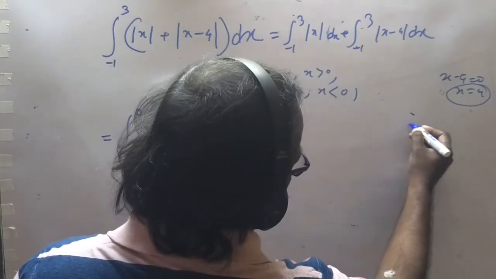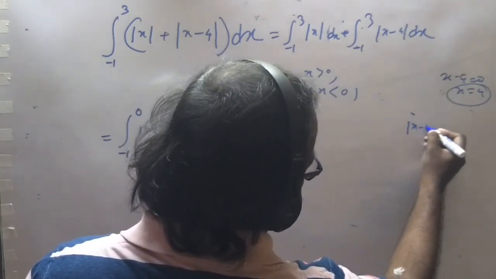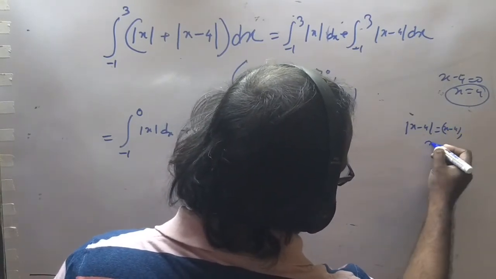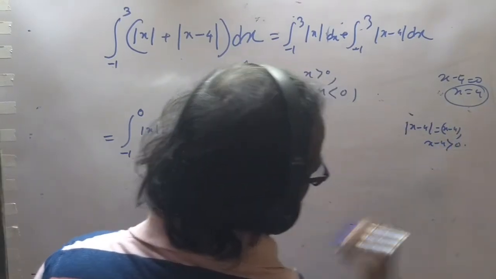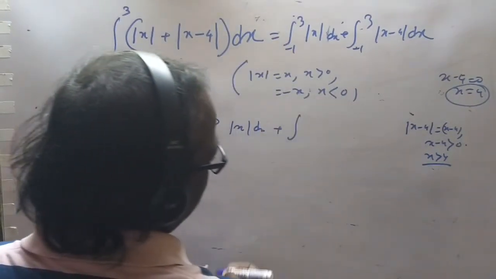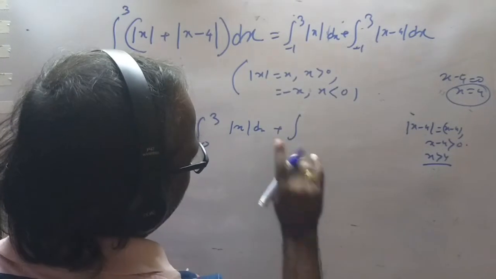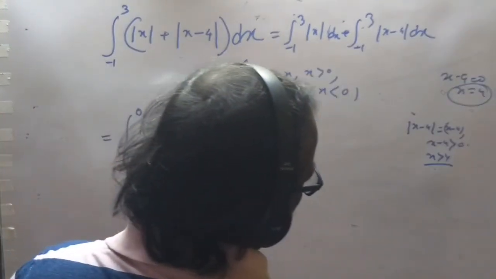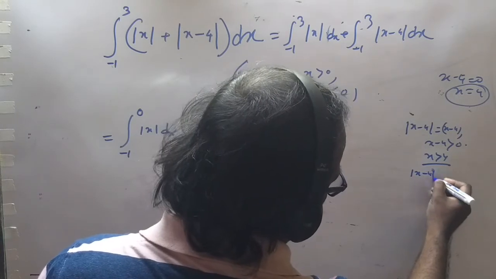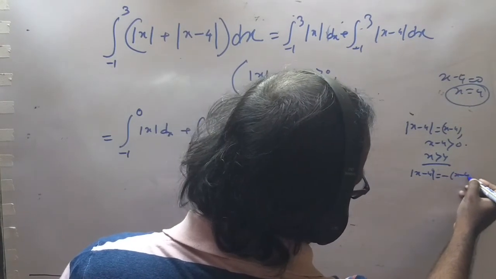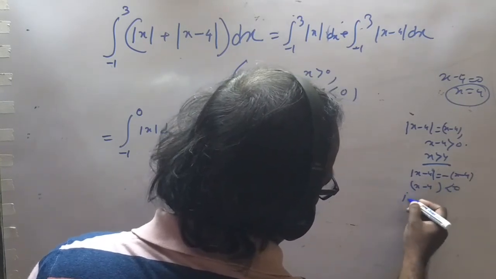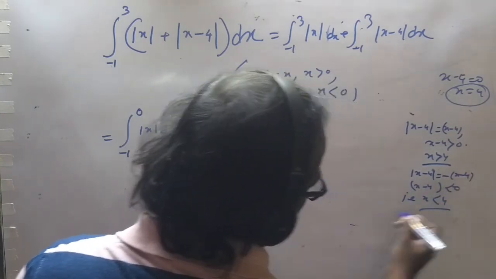Mod of x minus 4 is equal to x minus 4 when x minus 4 is more than 0, that is x more than 4. Okay, so this is more than 4. And it is minus of x minus 4 when x minus 4 is less than 0, that is x less than 4. Okay, clear I think.